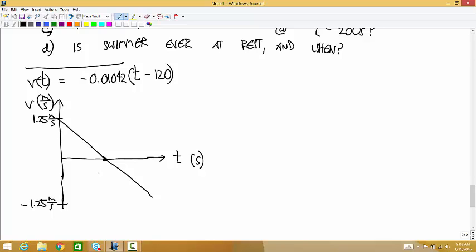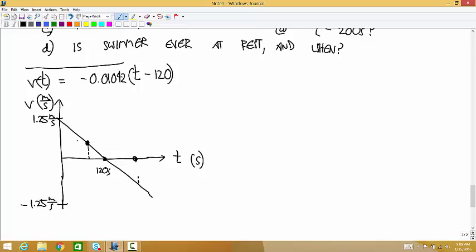This is at 120 seconds. And this is a linear function. I asked for the velocity at time equals 100 and at time equals 200.